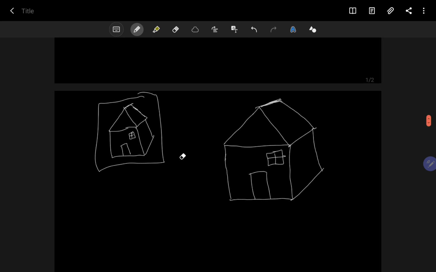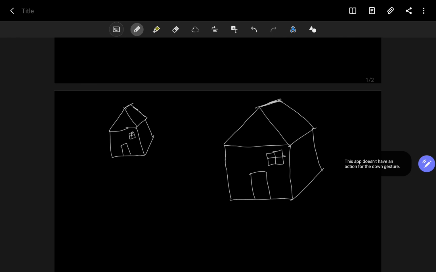For example, let's look at our door frame. Perhaps here, we're going to say the width is about 3 centimeters.